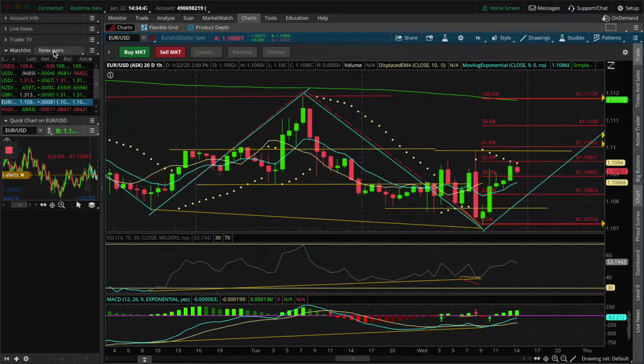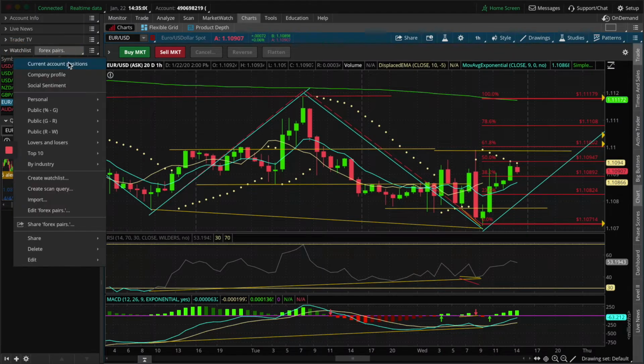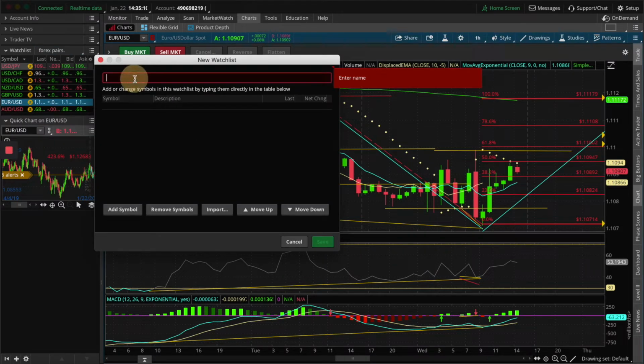So you have your watch list, Forex pairs right here. What I like to do is make a watch list of the pairs or the stocks that I'm using. You can access that by clicking on this button here, scrolling down, and clicking on create a watch list. From there, you can name it whatever you want.